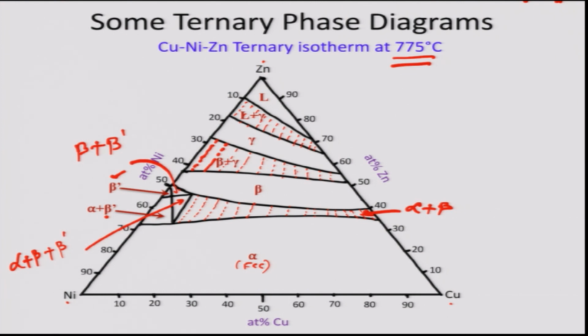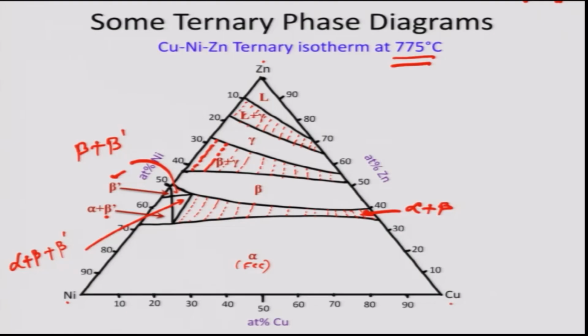There may exist more such intermediate phases which may not show the complete solid solubility as exhibited by this beta and gamma here, and we can have more and more complicated ternary isotherms. We will do some of them in the exercise. This was just an example that I wanted to show so that you know how to read ternary isotherms. I will stop here today. Thank you.